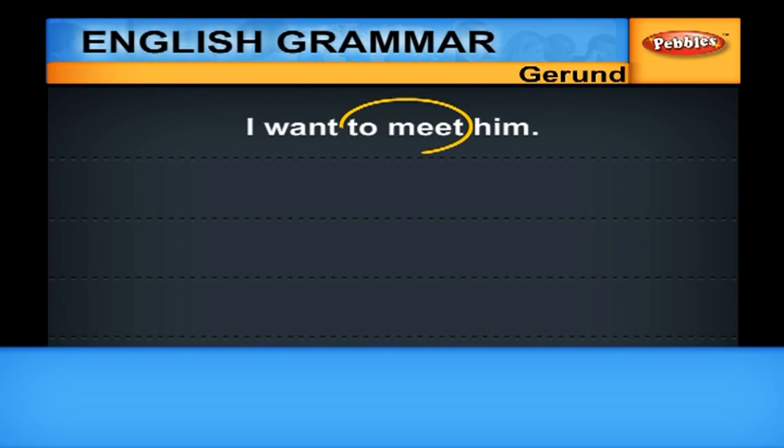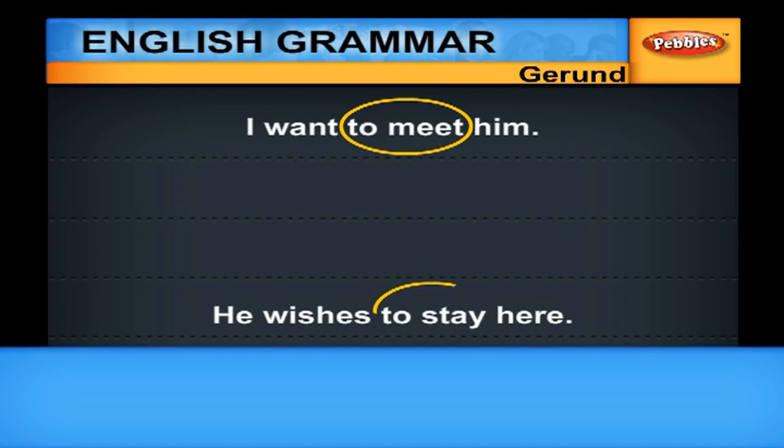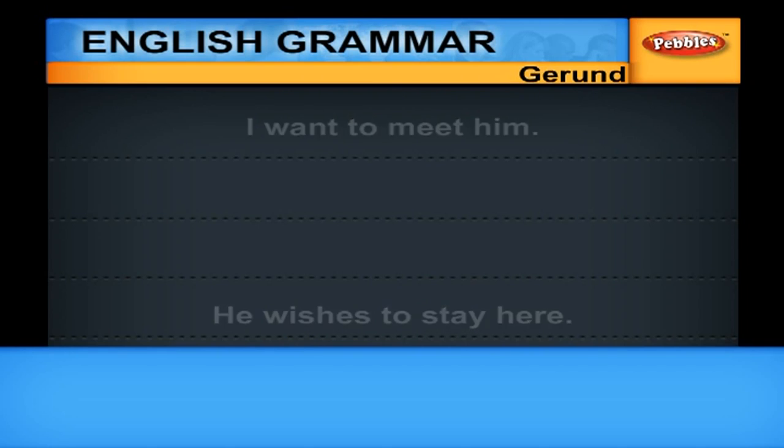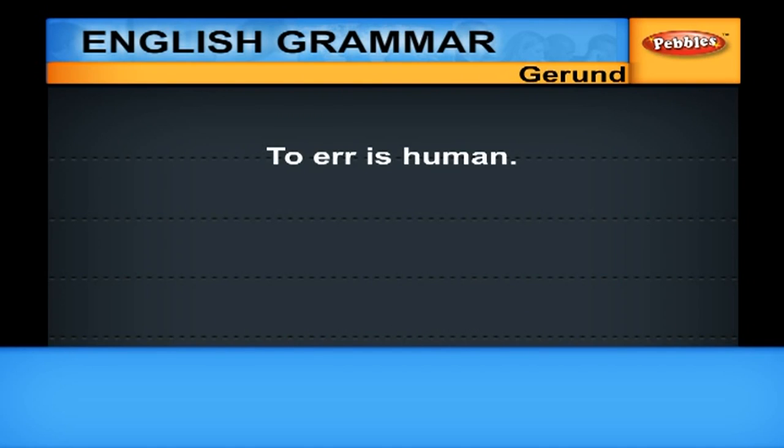Here, to meet functions as the object of want. He wishes to stay there. Here, the infinitive to stay functions as the object of wishes. To err is human. To err, to infinitive, but here it is functioning as a noun.